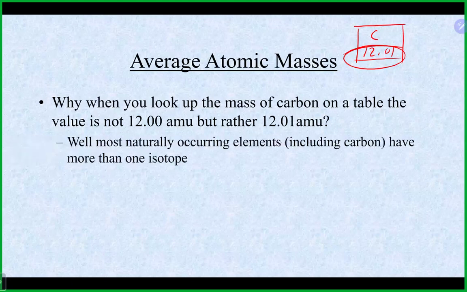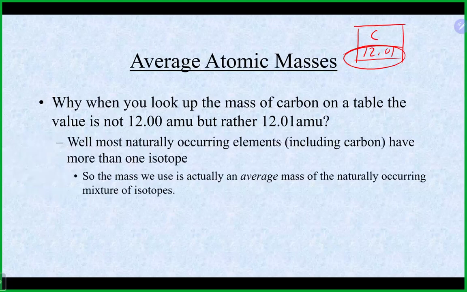The reason is that what we actually see on the periodic table is an average atomic mass of all the naturally occurring isotopes for that particular element. Although most people just call it atomic mass, we don't usually call it average atomic mass, but it is the average atomic mass of all those naturally occurring isotopes.